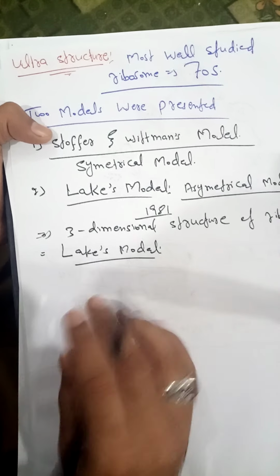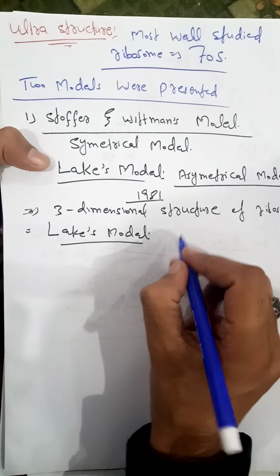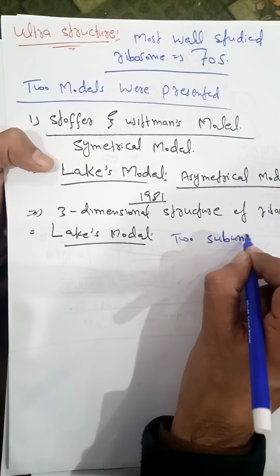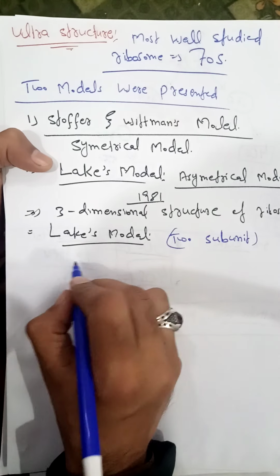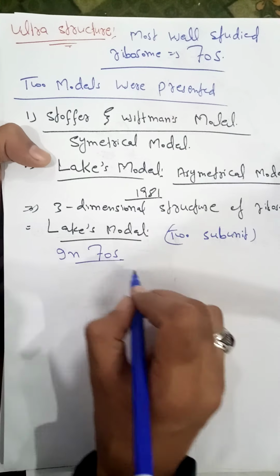According to this model, as we have studied also, there are two subunits, and this model was studied in the 70S ribosome in prokaryotes.